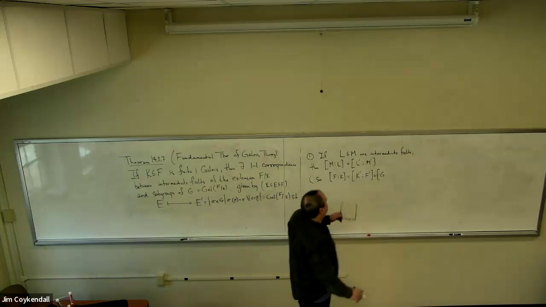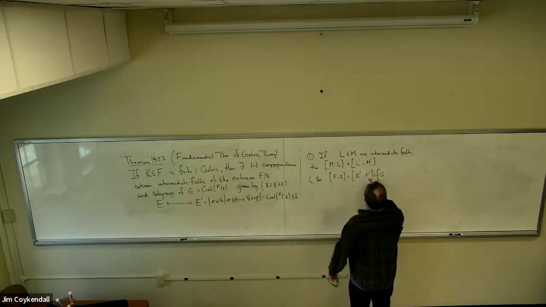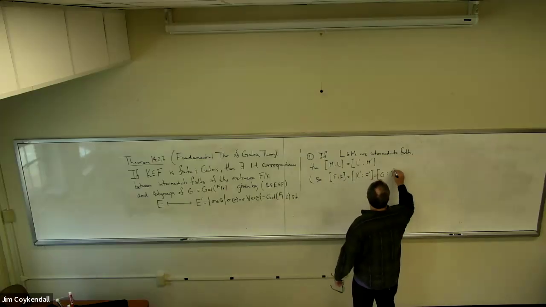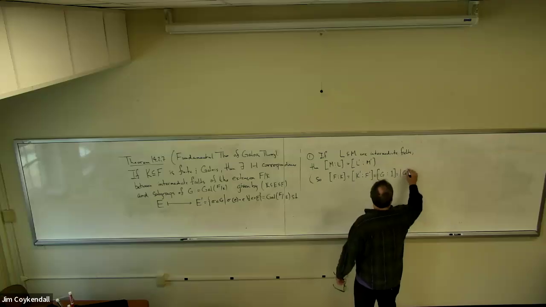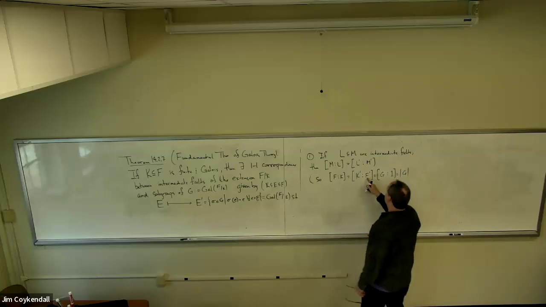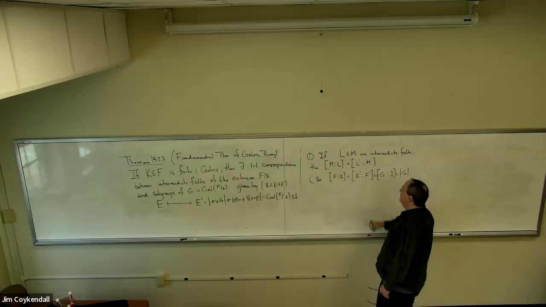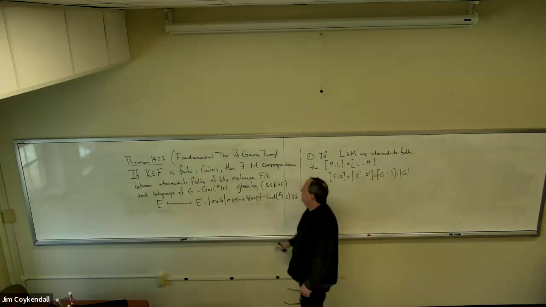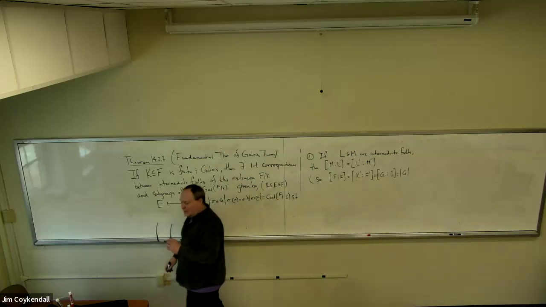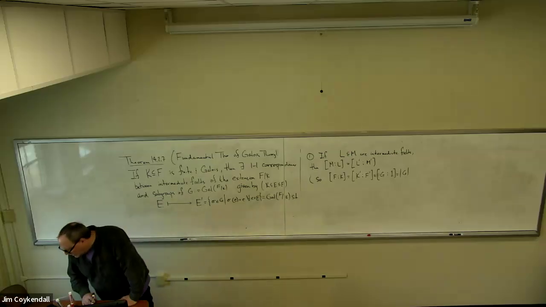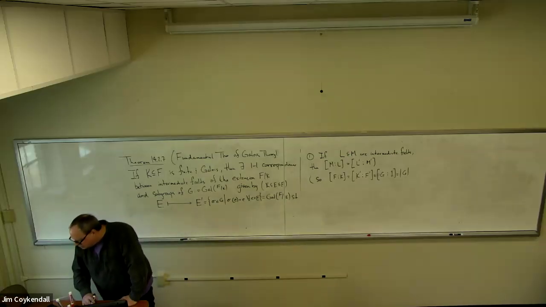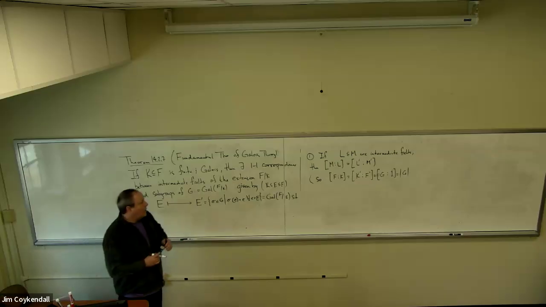And F prime is everything that fixes the entire field, which is just the identity. So in other words, the degree of the extension is equal to the order of the Galois group.